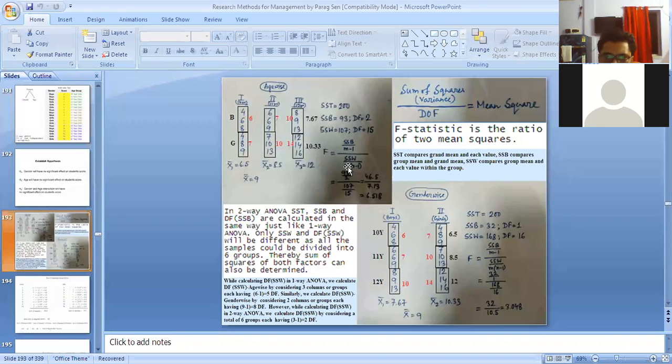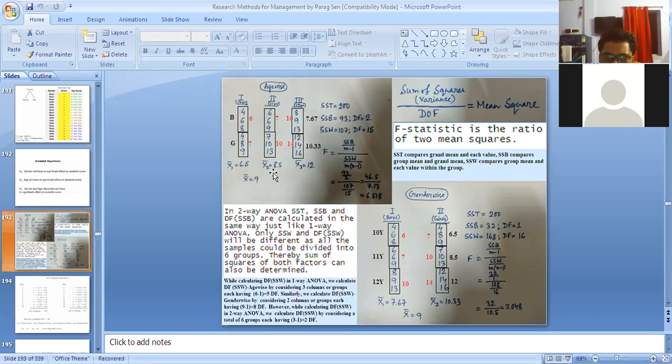Okay, now you need to calculate the sum of square within. How will you calculate it? Sum of square within means the variation within a particular group, the 10-year-old group, the 11-year-old group, and the 12-year-old group. In this case, you subtract from the group average: 4 minus 6.5 whole square, plus 6 minus 6.5 whole square, plus 8 minus 6.5 whole square, like that.